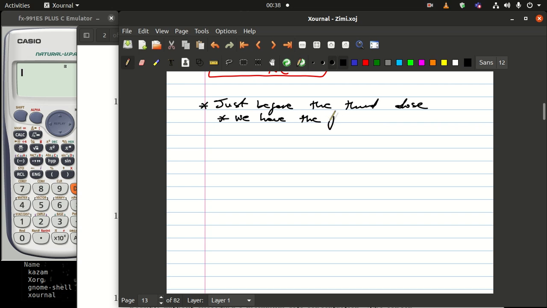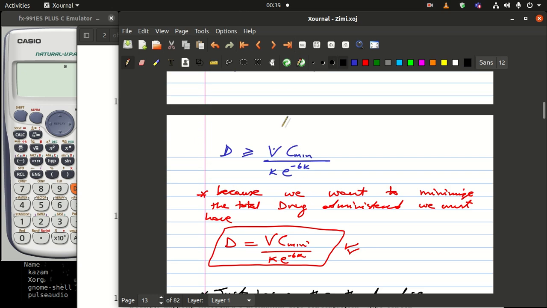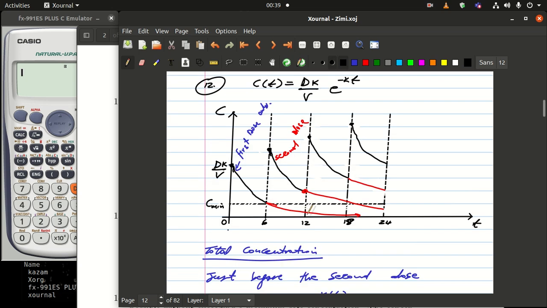the first and second dose. That is our C total at 12 now is going to be equal to this. So when we are at this moment here, just before we add the third dose, we have to check what will be the dose for this one here.